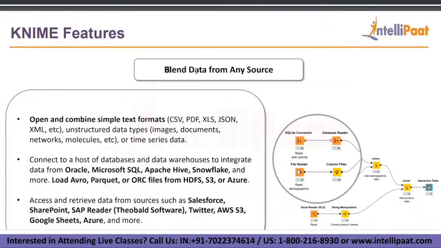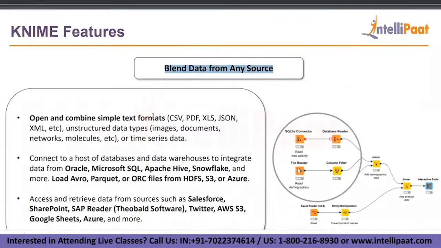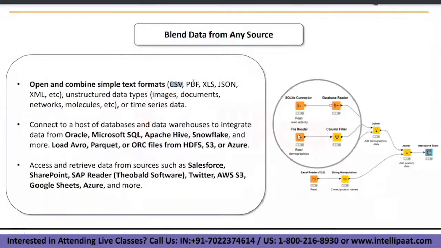Now guys, these are the features I was talking about: you can blend data from any sort of source. Whether it is a comma separated file, PDF, JSON, XML, these are the structured sort of data. Or if you are dealing with unstructured data types, images, networks, or real time series data, you can easily get the data from any particular data source.